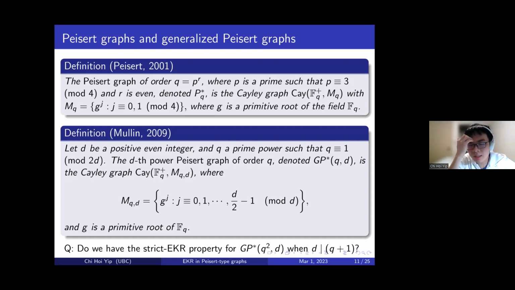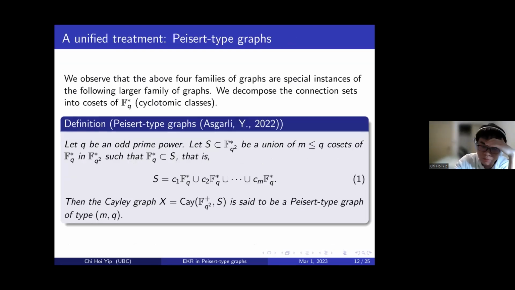And our idea is that somehow, if there is a way to unify these 4 families of graphs as one larger family of graphs, then probably there is a unified approach to prove the EKR theorem for all these 4 families of graphs. So that idea eventually led to the definition of Peisert type graphs. This was first introduced by Shamil and me.